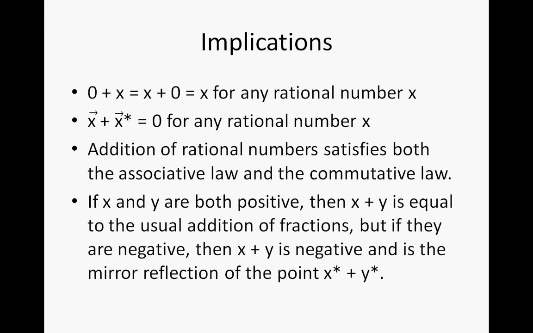But if they are negative, then x plus y is negative and is the mirror reflection of the point x star plus y star. So again, going back to the concatenation, if you take the mirror image of x plus y, then it has a vector on the opposite side of 0 that corresponds with it.